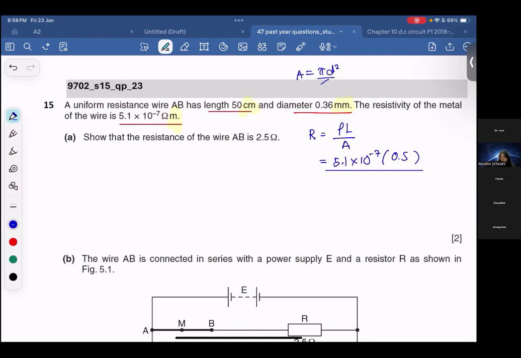Area is pi d square over 4. You have to know that, so the 4 goes up, and pi times d, which is 0.36 times 10 power of negative 3, squared. Make sure you are not careless, then it should be fine. You will get the answer 2.5 ohm. This one should be fine.